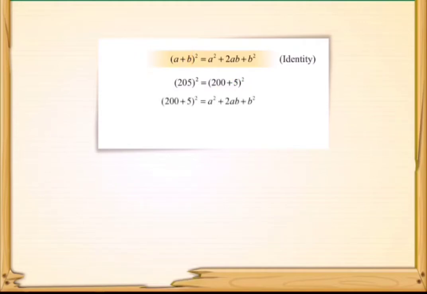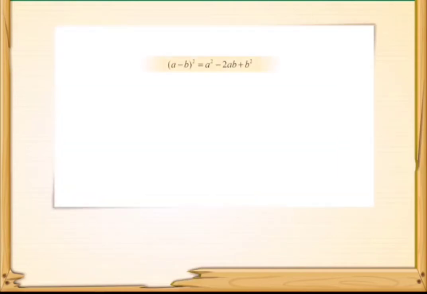Take the right-hand side of the identity and substitute a with 200 and b with 5. On simplifying the 3 terms, you get 40,000 plus 2,000 plus 25, which is equal to 42,025. You will now learn about the second standard identity.